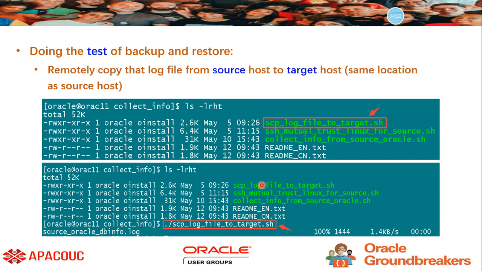As you can see, because the size of this log file is only small, it is immediately copied to the target host by running the shell script scp_log_file_to_target.sh. It shows scp to the target host successfully.